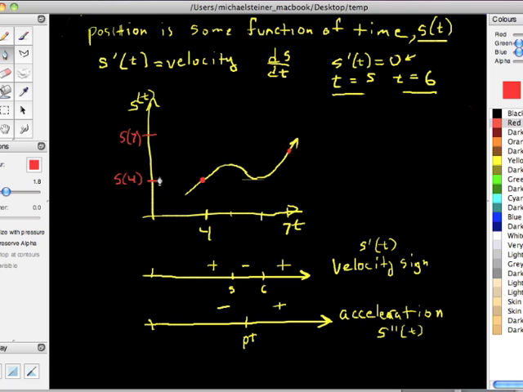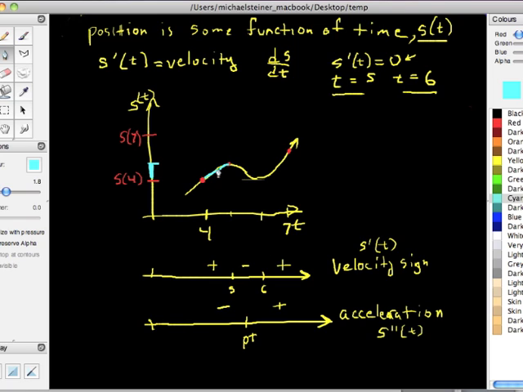Well, when it traveled from 4 to 5, it went from here to here. Okay, and when I say it went from here to here, this is the position. So really, it went this far, right? Because this is the position of the particle. I hope that's clear.